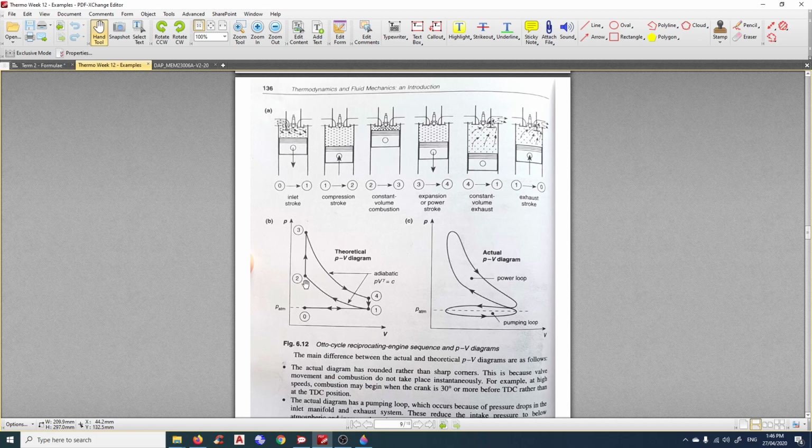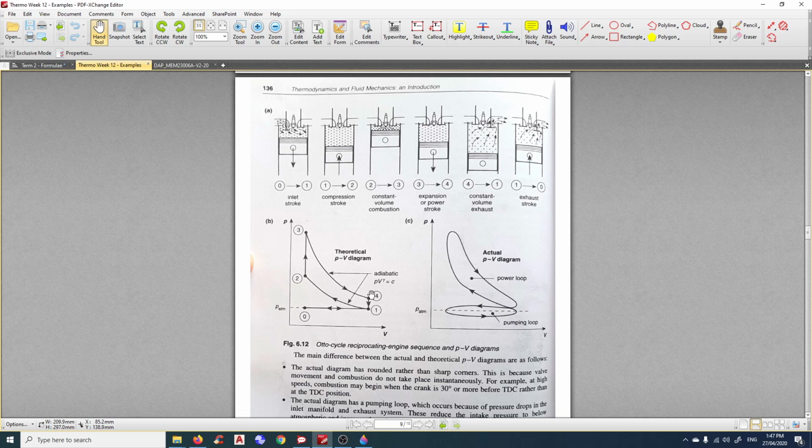So 2 to 3 is constant volume combustion, as we discussed last week. From 3 to 4, after the combustion, the piston gets pushed down very quickly to the bottom, and hence it is adiabatic. So 1 to 2 compresses very quickly, adiabatic. 3 to 4 expands very quickly, adiabatic.